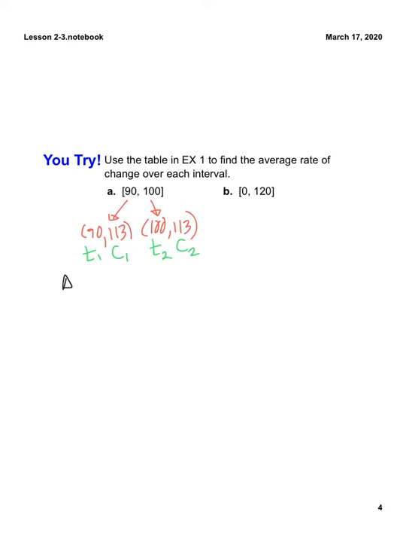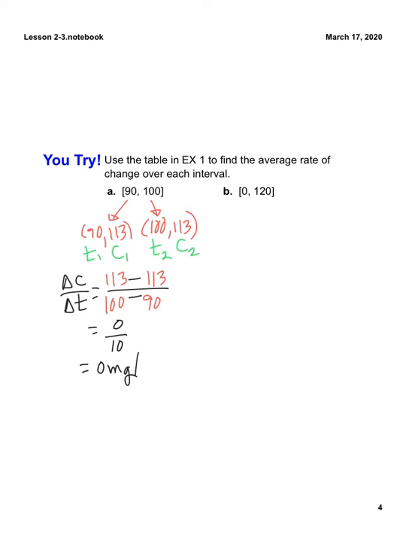So our change in C over change in T. We're going to put 113 here. C sub 1 is 113, T sub 2 is 100, and T sub 1 is 90. And so we end up with 0 over 10, which is 0 milligrams per minute.